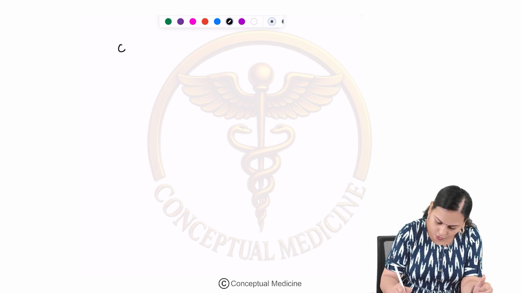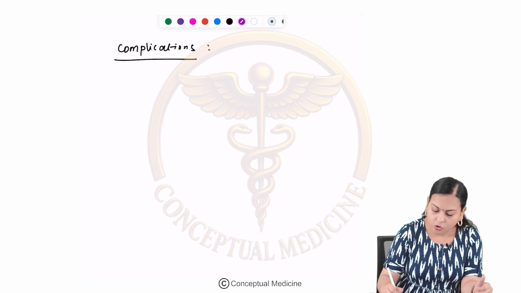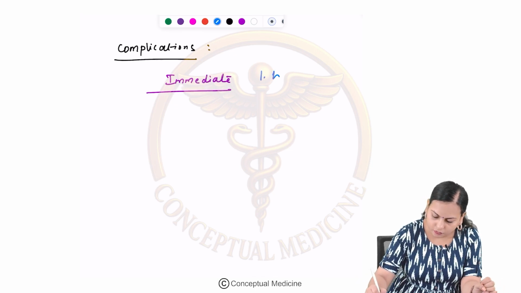Now let's discuss what are the complications of doing surgery. Okay. So complications of doing radical vulvectomy. So immediate complications and late complications we have. The immediate complications will be wound infection.